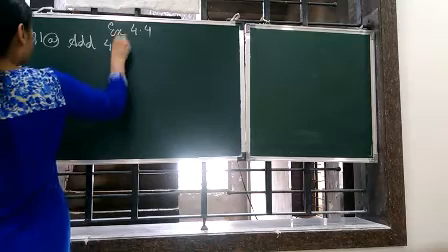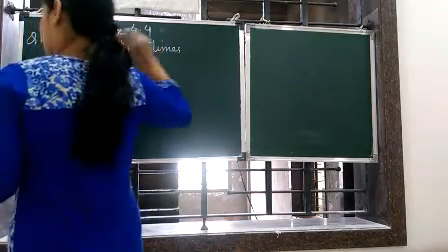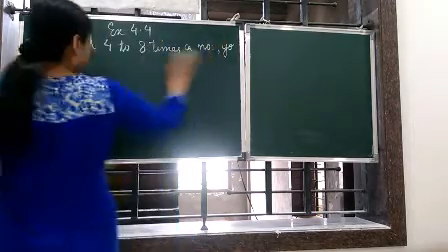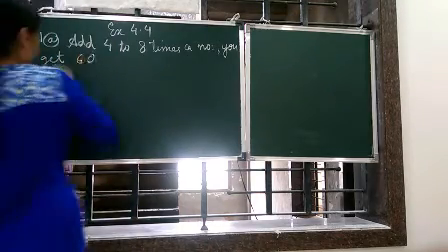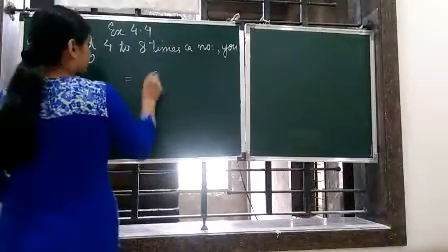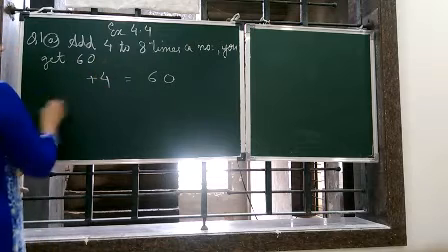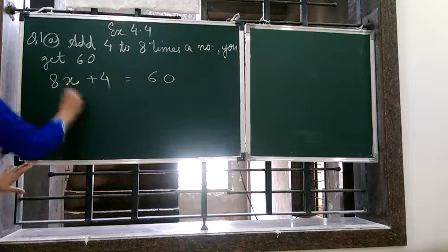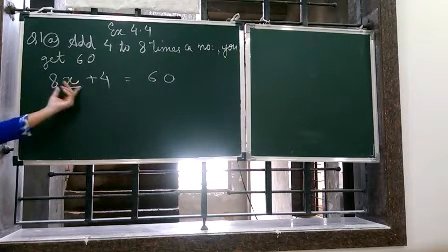Add 4 to 8 times a number, you get 60. So you get 60 means RHS is 60. Now add what? 4 plus 8 times a number. 8 times a number means 8 times any number. It can be 8 times a variable which we don't know. A number means any number. So we take it as a variable.